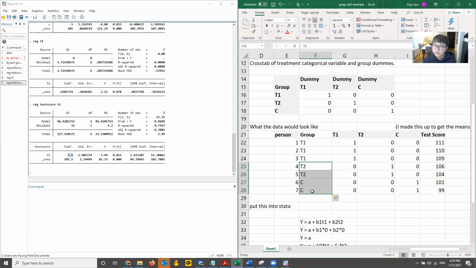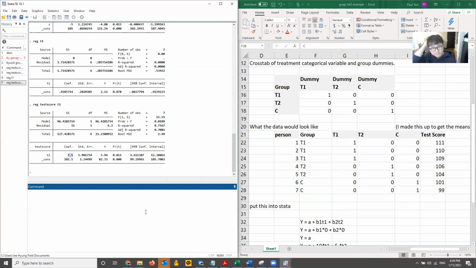And that's not what you want, because you don't really care about how one group does compared to 2 other groups.